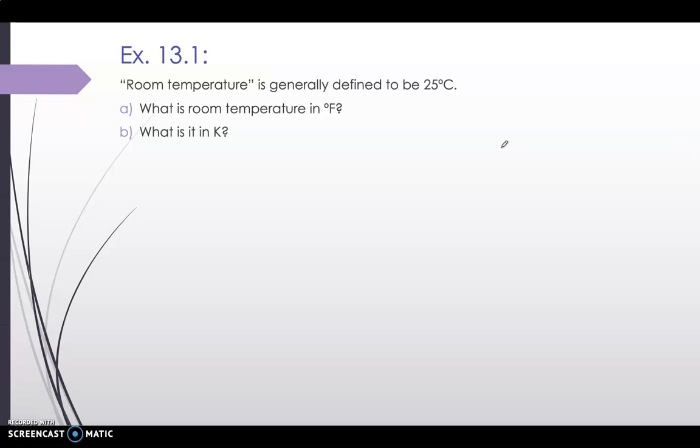Okay, so let's go ahead and do an example when we have to use one of these conversions. Okay, so example 13.1 states room temperature is generally defined to be 25 degrees Celsius. Okay, and A asks what is room temperature in degrees Fahrenheit. So we're given degrees Celsius, and we want to find the temperature in degrees Fahrenheit.